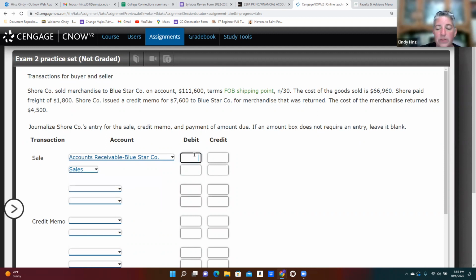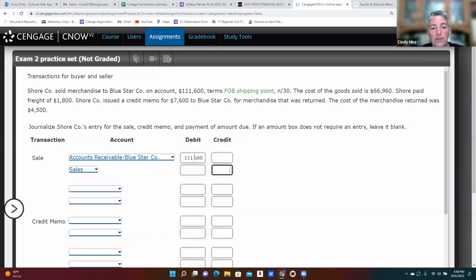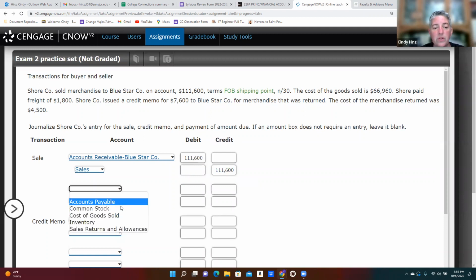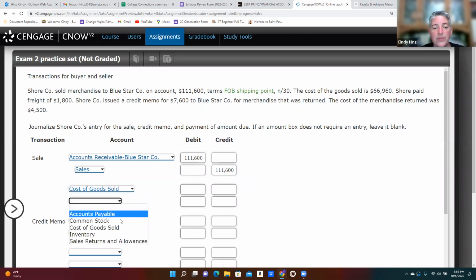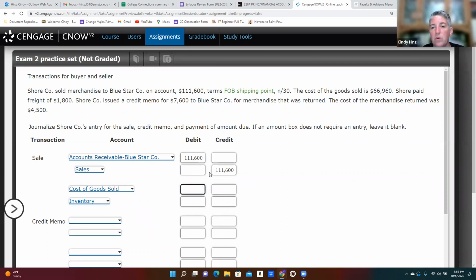The total amount of the sale, the amount that we charged Blue Star, is $111,600. And because we use a perpetual inventory system, we also need to report at the same time the cost of goods sold and remove that from our inventory. And it tells us here the cost of goods sold is $66,960.